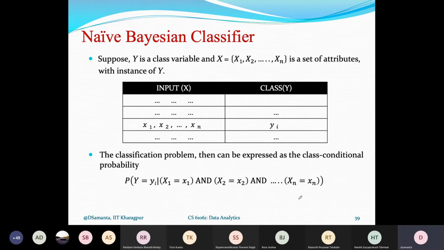So here, let the attribute set be X, and X has n attributes, X1, X2, ... Xn. And for each attribute Xi, there is a value. For example, this represents a record or a data, and for this data, it says that it belongs to class yi.